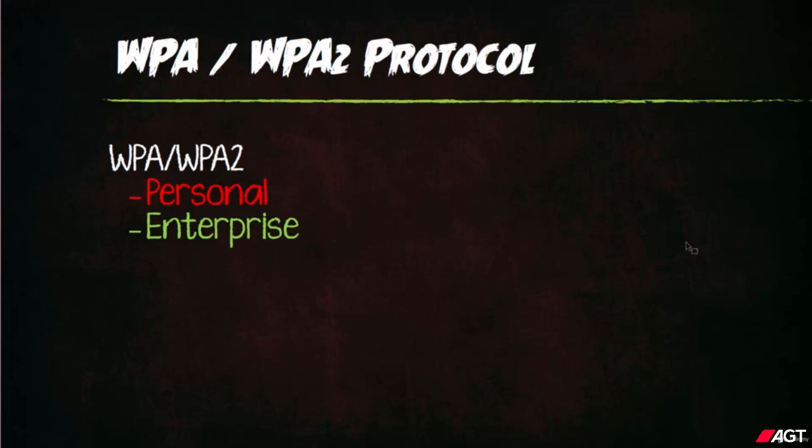First we will start with the personal protocol and try to understand how it works. Once you understand the personal protocol, the enterprise protocol will be easier to understand. It's a similar concept, but a little more complicated.